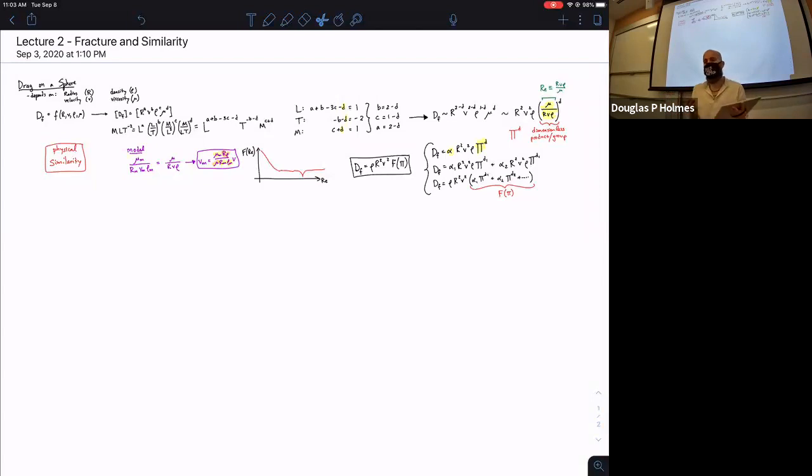So just to recall what we did last class, we used just the dimensions of the problem to calculate what the drag force on a sphere would be. And we said, well, it probably depends on the radius of the sphere, the velocity it's moving, the density of the fluid, the viscosity of the fluid, and we arrived at something that looked like this. And you'll get different forms of this equation.